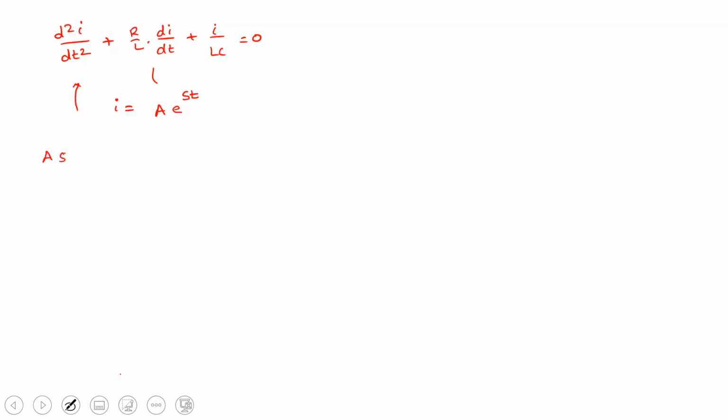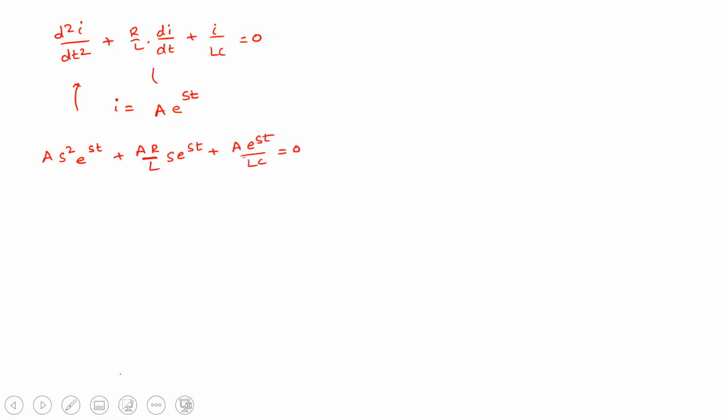The first term is a s square into e to the power of st, plus a into R by L into s into e to the power of st, plus a e to the power of st by LC, which is equal to 0.